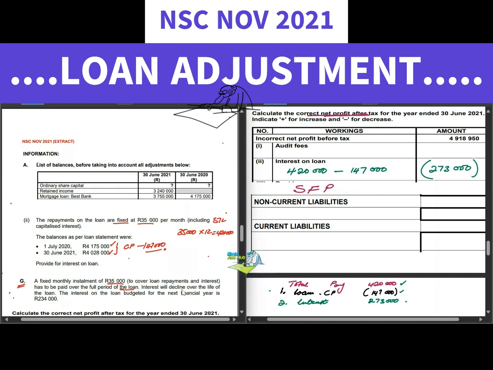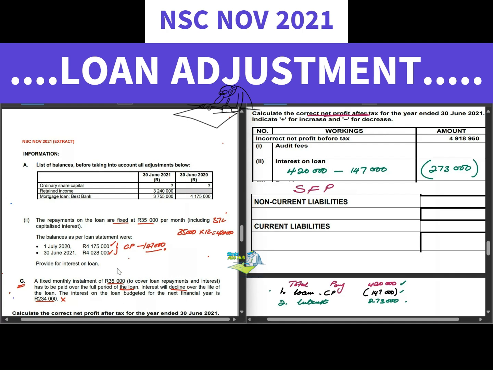Interest will then decline. What is going to change is the interest over the life of the loan. The interest on the loan budgeted for the next financial year becomes 234. Remember, it was 273. Now it is going to decrease and become 234.